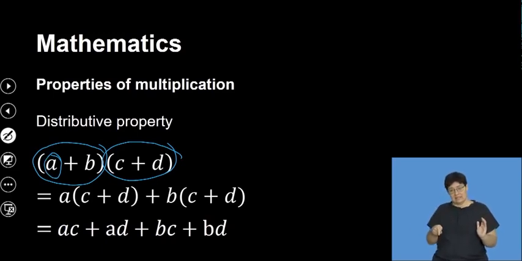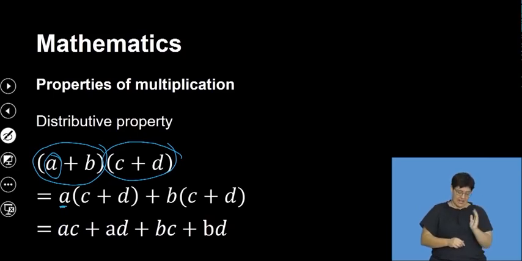Take the second term, distribute it into the bracket of the other binomial. So that becomes a open bracket c plus d plus b open bracket c plus d.